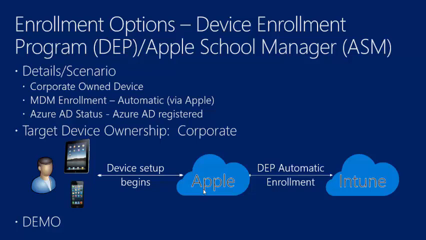Another hurdle is that in order to sign up for DEP, the organization details that you put into the DEP portal when you're signing up need to be able to be verified as being owned by a company, right? So you've seen in some of my demos tailspintoys.com. That is my domain. That is not a company that I own. So Apple can't verify it is a domain or a business that I own, and so therefore I can't proceed in setting this up. Right?